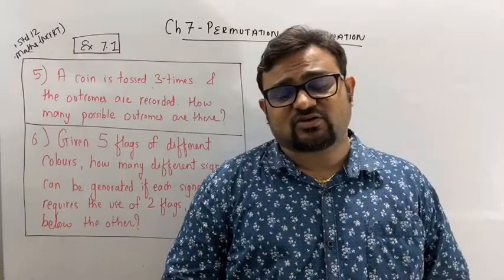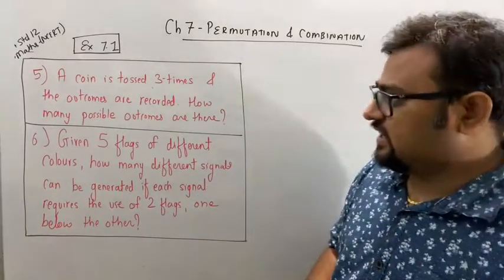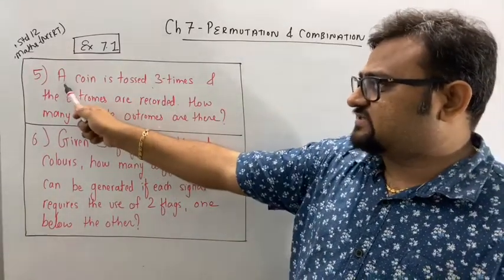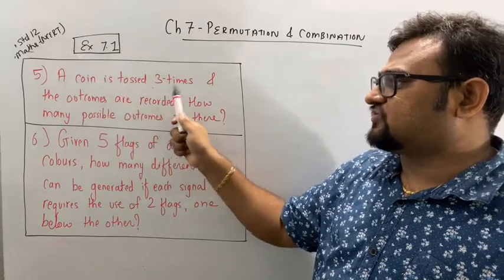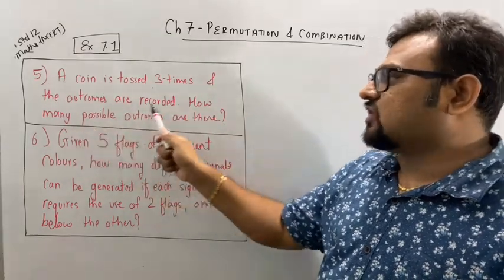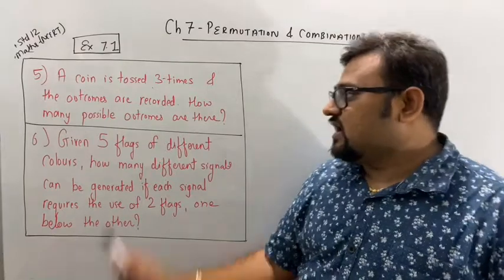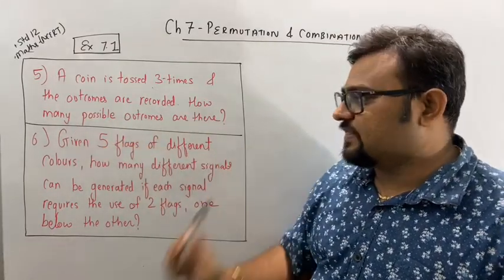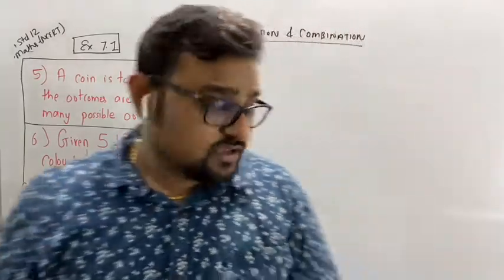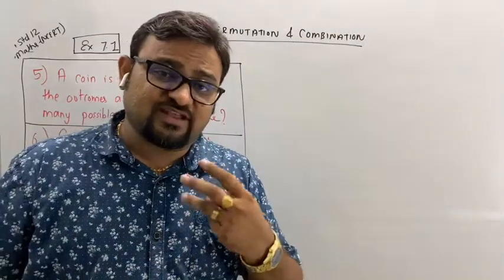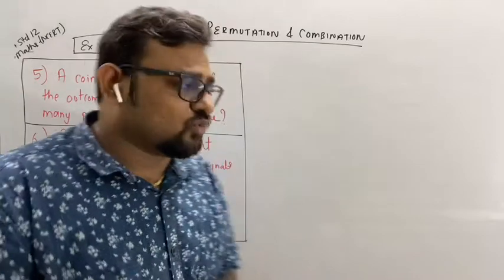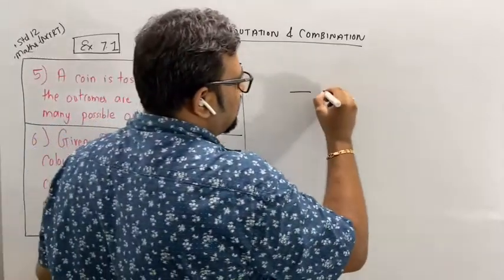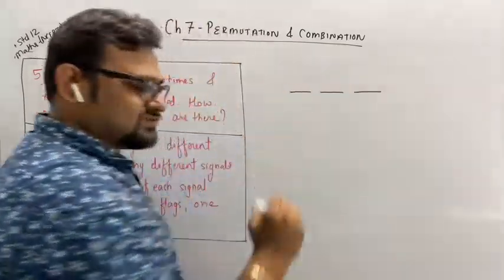Next is question number 5. Question number 5 is: a coin is tossed 3 times and the outcomes are recorded. How many possible outcomes are there? Now see, a coin is tossed 3 times, so we will have one, two, and three results. Clear?